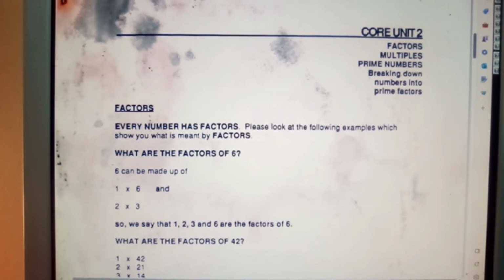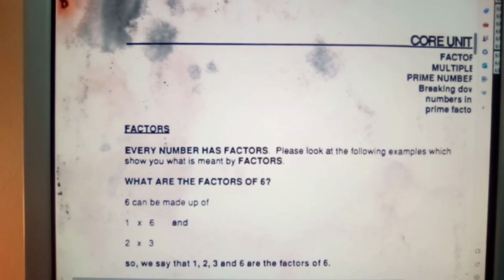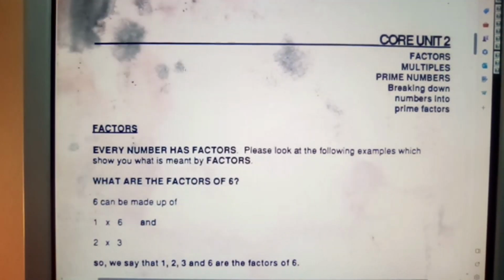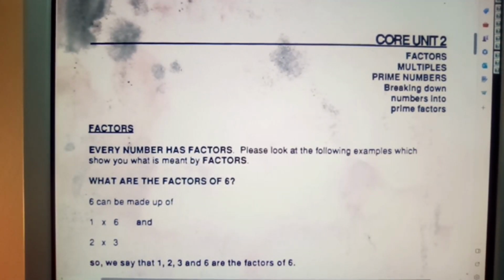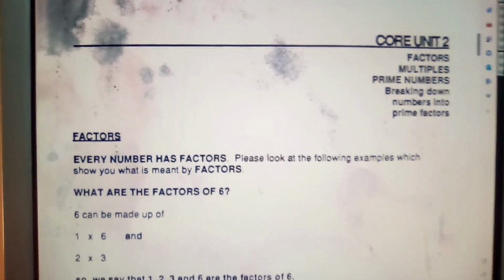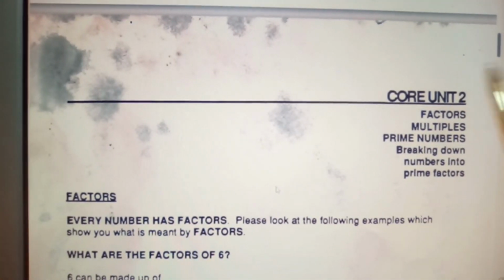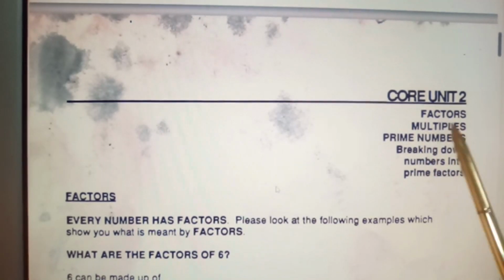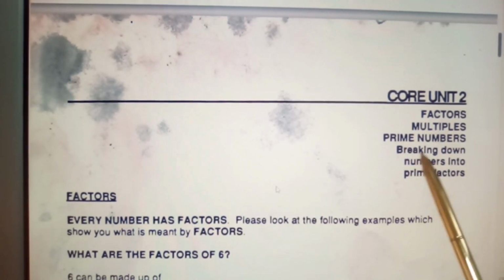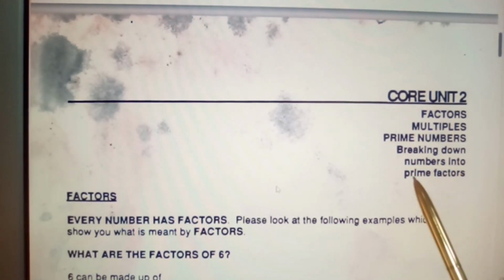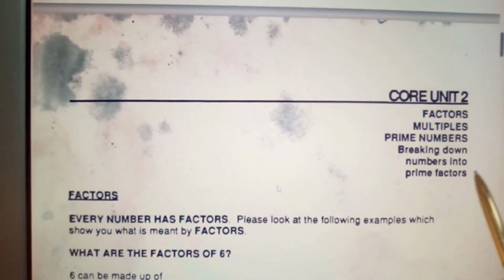Let's see if we can make this large enough again, so we don't have to strain our eyes in any shape or form. And this is what we're going to look at: factors, multiples, prime numbers, breaking down numbers into prime factors, okay?